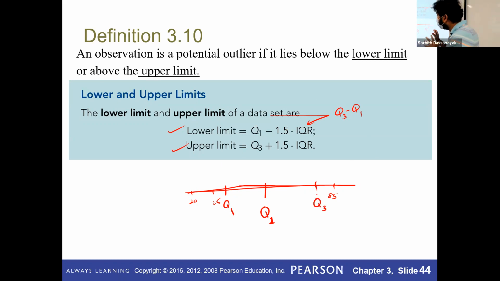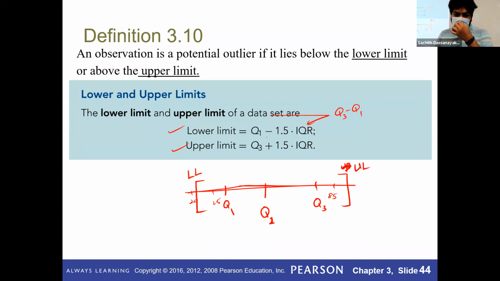Okay, these are just rough measurements. So Q1, Q2, Q3. Now you can calculate the lower limit. Let's say LL, lower limit. This value is going to be like this. The upper limit can be like this, UL, upper limit.